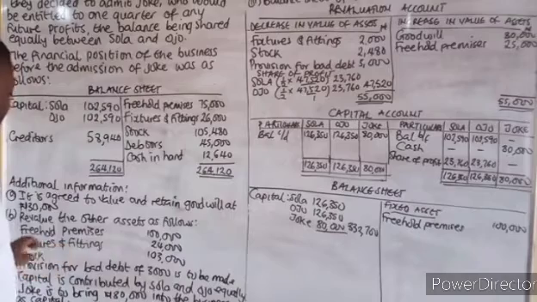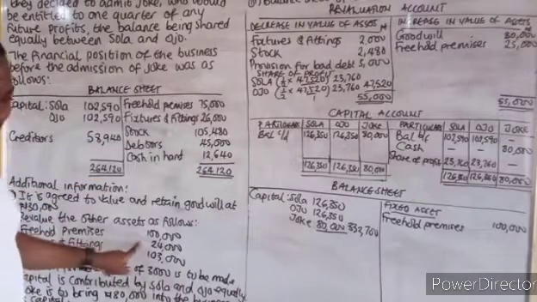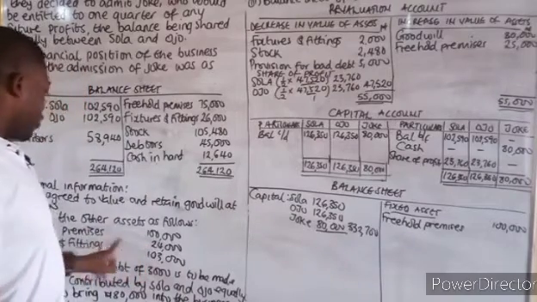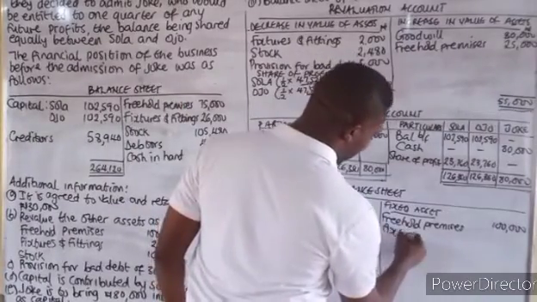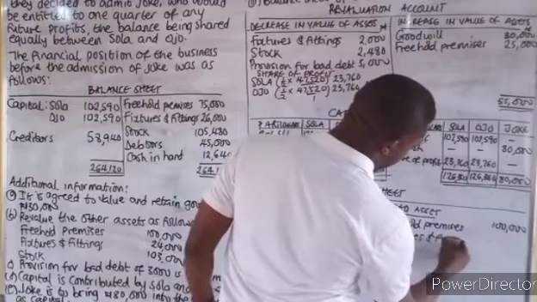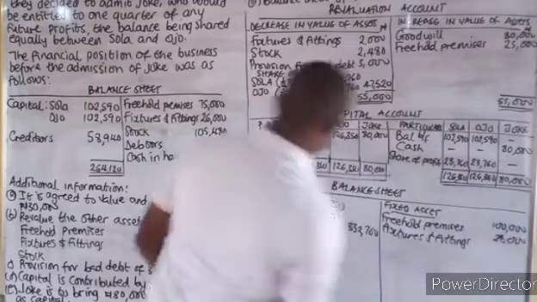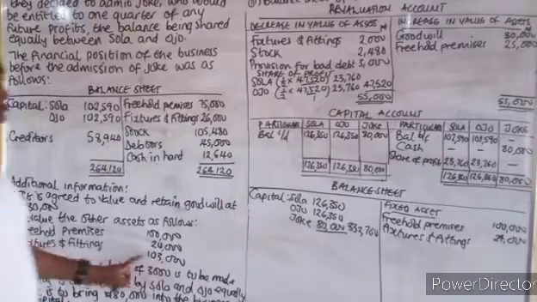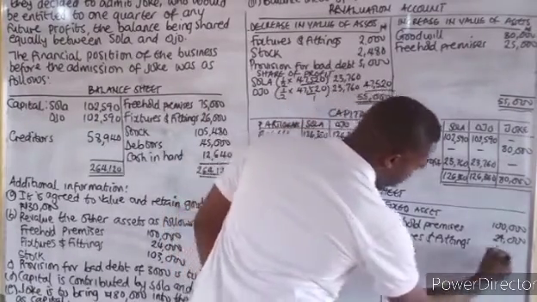The next one is fixtures and fitting. We have 26,000 here, but fixtures and fitting is 24,000. The next one, we have stock, 103,000.